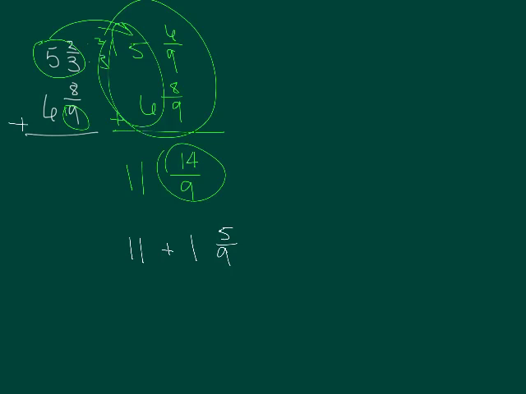You don't have to go through all the work of the division. We put the 5 over the 9, and we're good to go. So our answer is 11 plus 1 is 12, and we leave our fraction as is. And that's example 3.